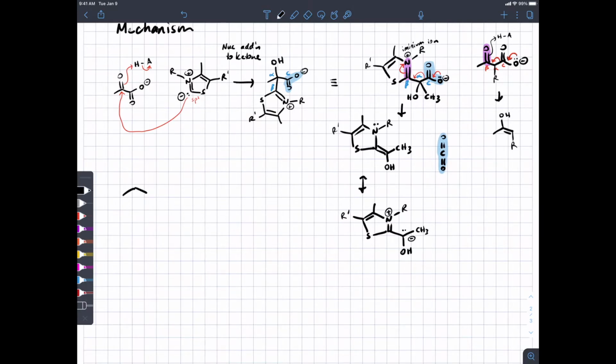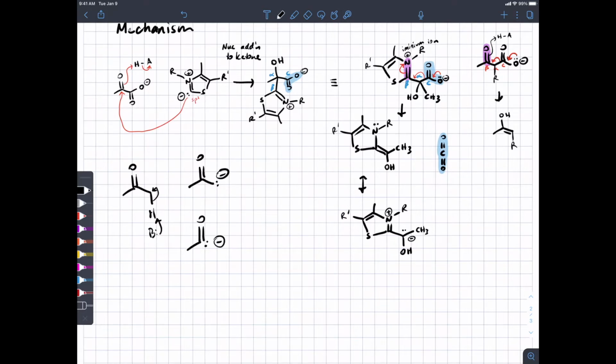Typically, when we deal with carbonyl compounds, they're nucleophilic at the alpha carbon, where you make an enolate, right? But we almost never see carbonyl carbons that are nucleophilic at the carbon, right? We've never done anything like that before.